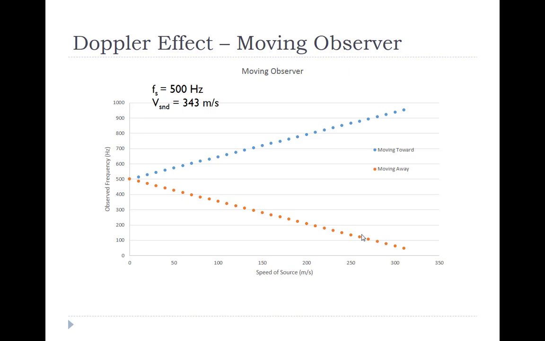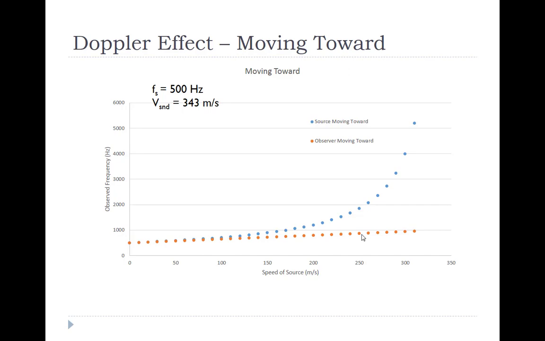If I plot the two graphs for moving toward each other, blue is the source moving toward the observer, and orange is the observer moving toward the source. Both give us an increase in frequency as the speed approaches the speed of sound, but the source moving gives us a more dramatic shift in frequency.